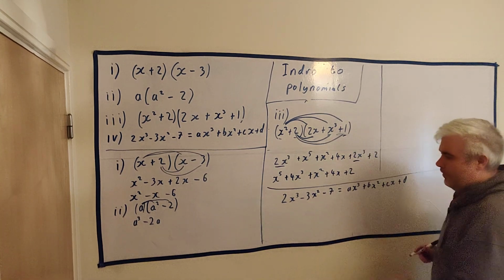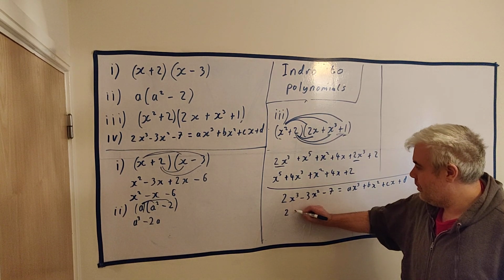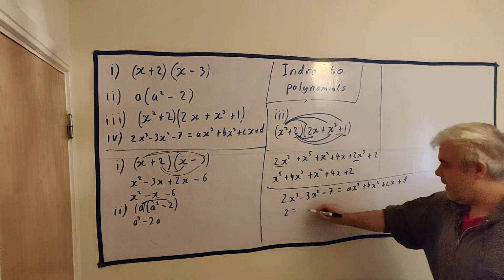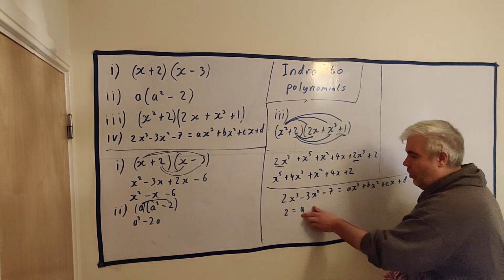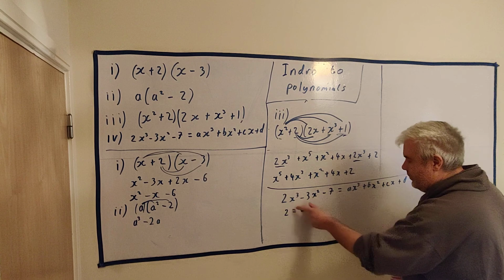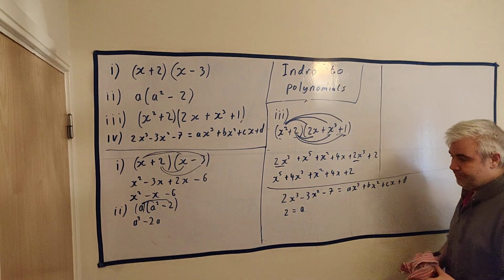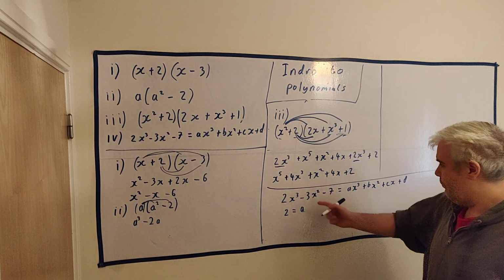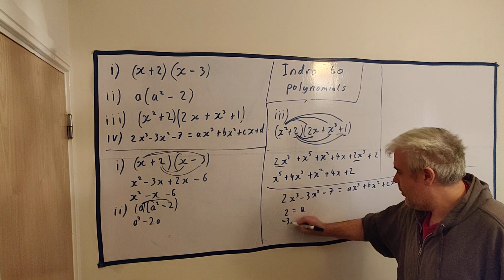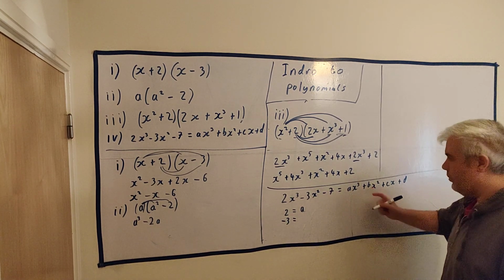What that means here is 2 is equal to A. All the x cubes on the left, all the x cubes on the right. Again, minus 3 is equal to B.